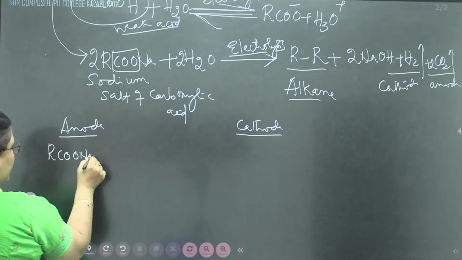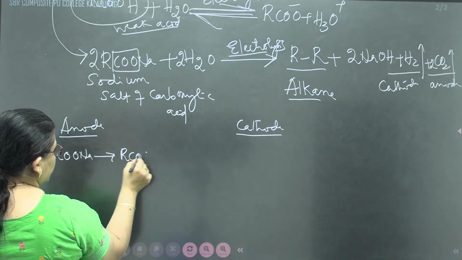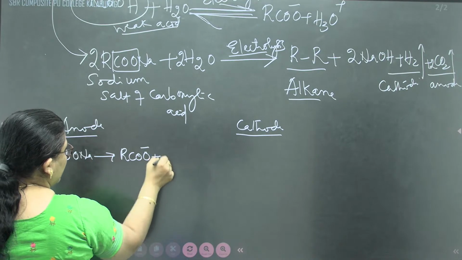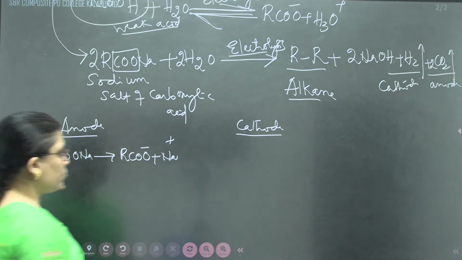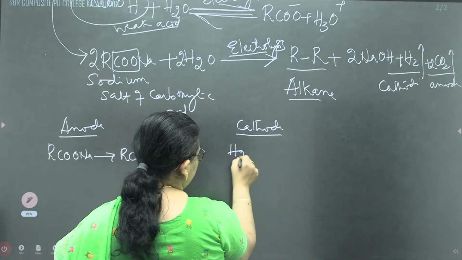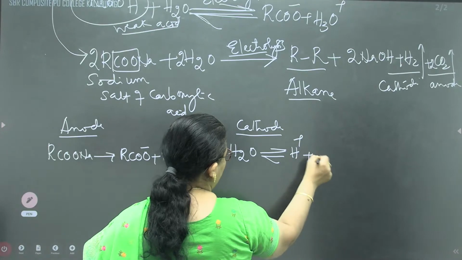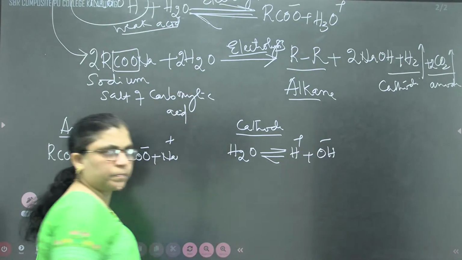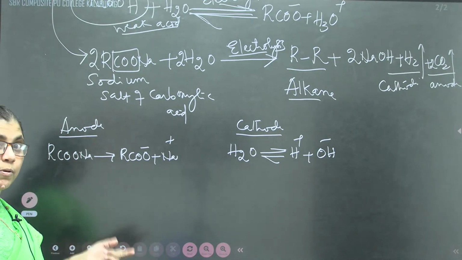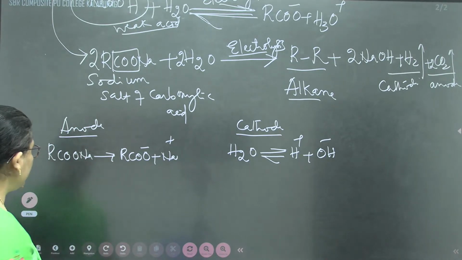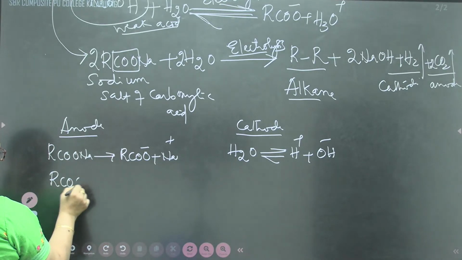RCOONa will dissociate to form RCOO minus and Na plus, whereas water is a weak electrolyte which dissociates partially to form H plus and OH minus. The sodium salt of a carboxylic acid is a strong electrolyte, and carboxylic acid is a weak electrolyte.